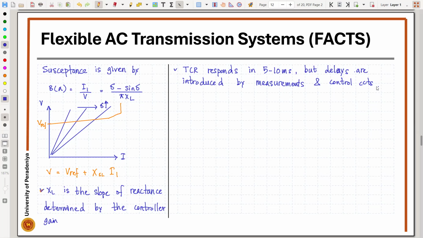So when we connect capacitors to the transmission or distribution network as compensators, we will not have thyristor controlled capacitors, but what we are going to have is thyristor switched capacitors. So either we are connecting or disconnecting the capacitor. The next element that we are going to discuss is the thyristor switched capacitor.